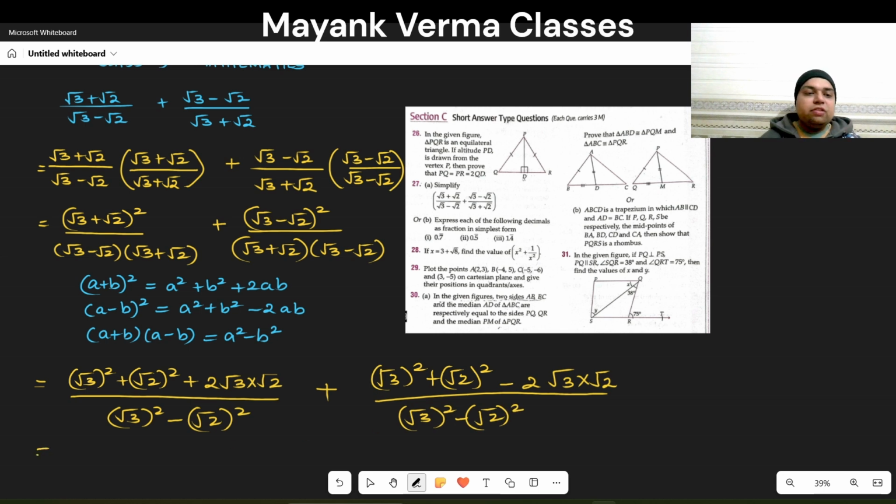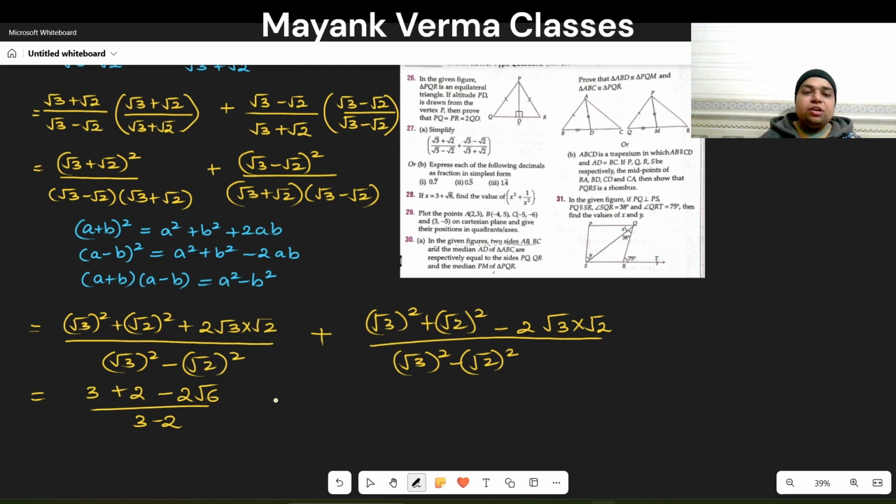Okay, so let's solve it. Root 3 square will be 3, root 2 square will be 2, plus 2 times root 3 times root 2 will be 2 root 6, upon 3 minus 2. And in the next part, I will again get 3 plus 2 minus 2 root 6 upon 3 minus 2.